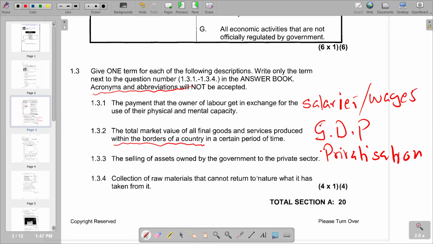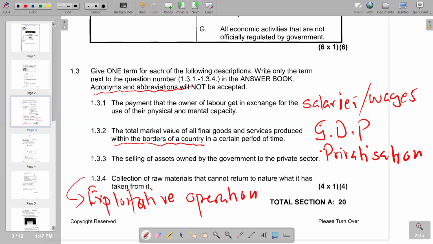Obviously, there's an issue of exploitation that's taking place, so we can just say exploitative operation. So this becomes the last question that we have in terms of section A. So our section A is 20 marks. Very important to take note.